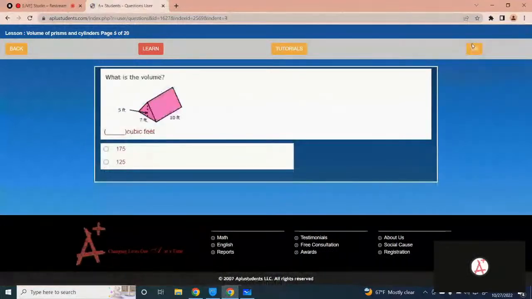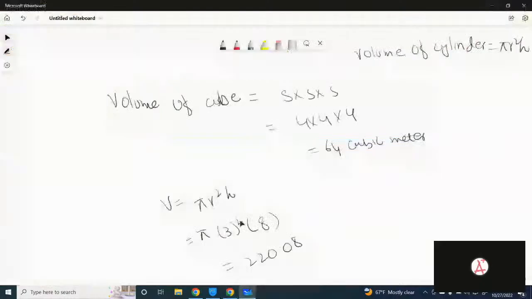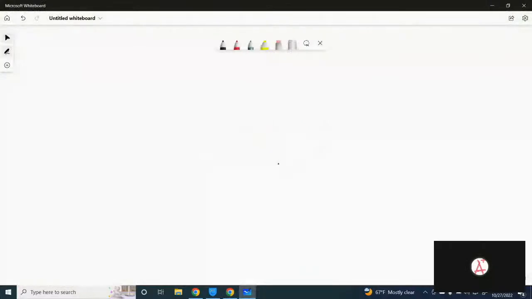Okay, the next one is, what is the volume? Let me do it on board. Okay, you have to use the formula. Base is 7 feet, height is 5, and length is 10 feet.